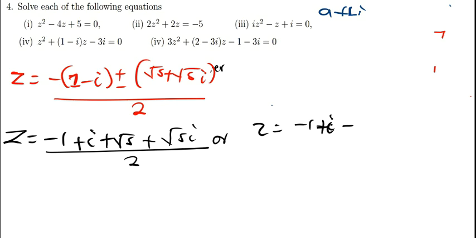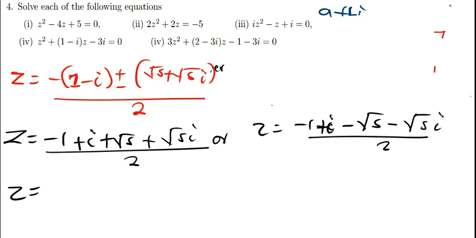So we end up having minus the root of 5, again minus the root of 5i, everything divided by 2. Remember, each part needs to have the real part and the imaginary part. So the final answer for z will be negative 1 plus root of 5 divided by 2, then plus I plus root of 5i divided by 2.